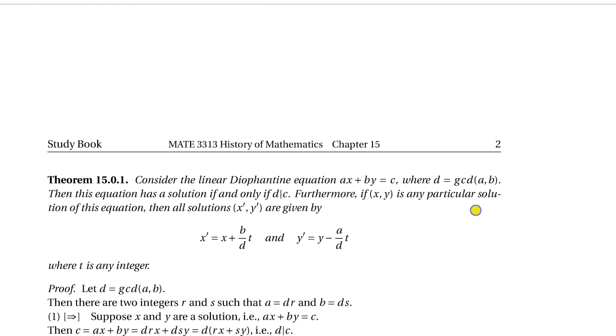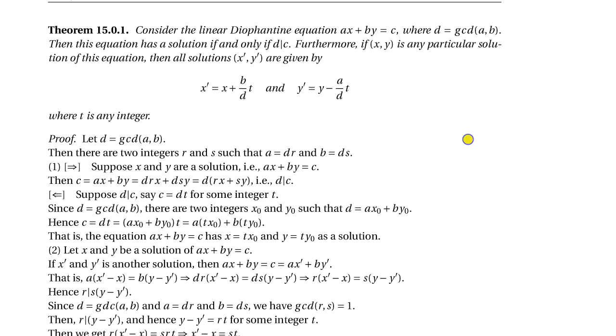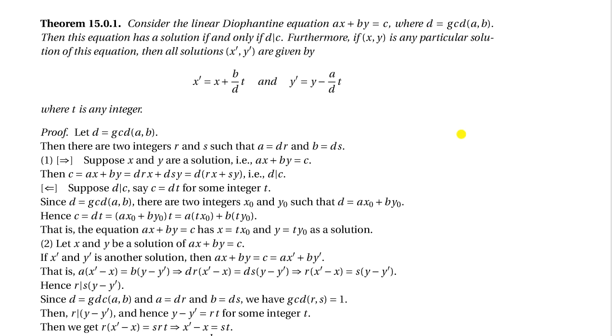Now the question is, how can you solve it? What is going to be the solution? Actually, there are general formats of solutions, and that's the main theorem about it. Whenever you're talking about linear Diophantine equations, for given coefficients a and b, we can calculate the greatest common divisor of a and b.